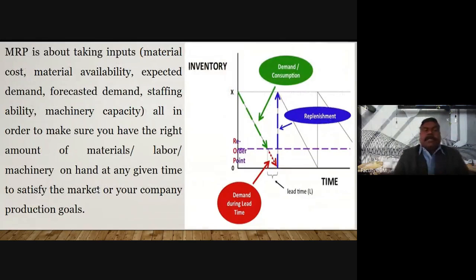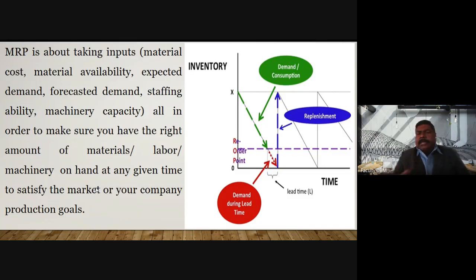Materials requirement planning is about taking inputs, that is material cost, material availability, expected demand, forecasted demand, staffing ability, machinery capacity, all in order to make sure you have the right amount of materials, labor, and machinery on hand at any given time to satisfy the market and your company's production goals. So these things they are going to plan.